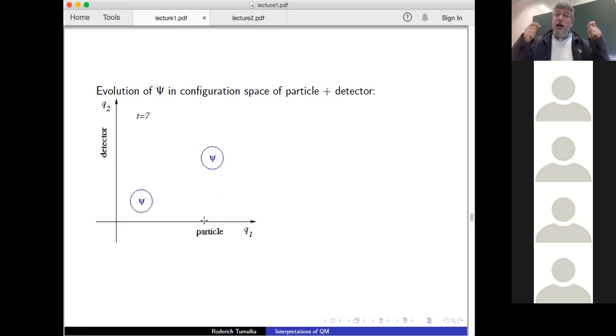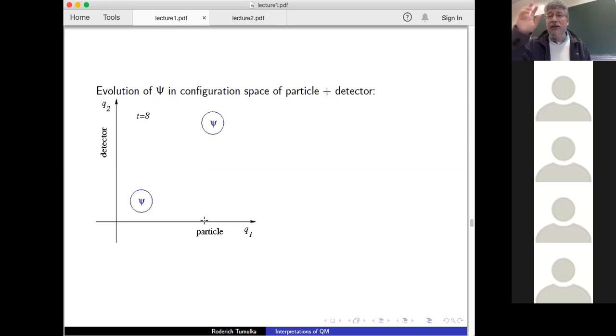So for example, if the detector is triggered, then there's an electric current going off in the detector. So some millions of electrons go in a macroscopically different place.